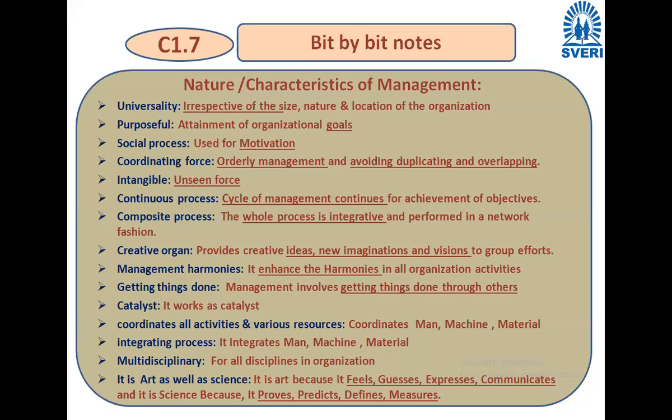So that's why this is called an intangible system or unseen force. तो फोर्स नाहीये, दिसत नाही कुठं, पण आपण तिथं आलो. So like that in industry, a particular person is asked to design a vehicle, right? But it is not tangible, means आपण त्याला हात लावू शकत नाही किंवा तो दिसत पण नाही कुठं, but it is there. म्हणजे आहे पण दिसत नाही असा प्रकार, right? So it is intangible. So remember, tangible, intangible, two words are there, and this is one of the characteristics of management. This is the continuous process.